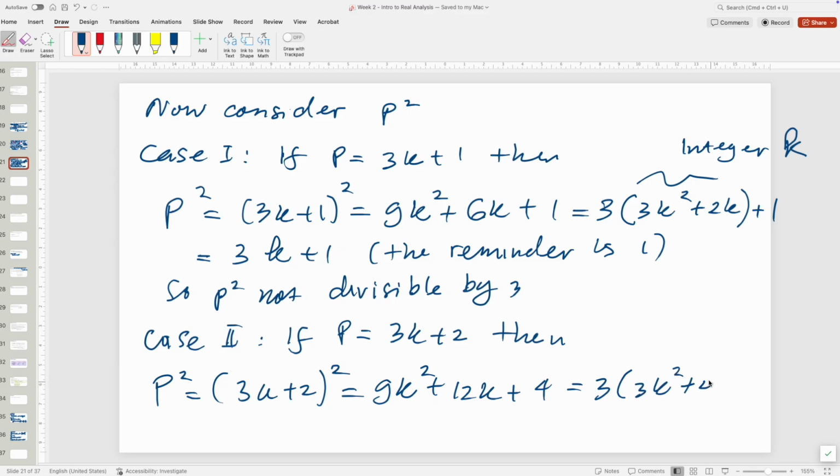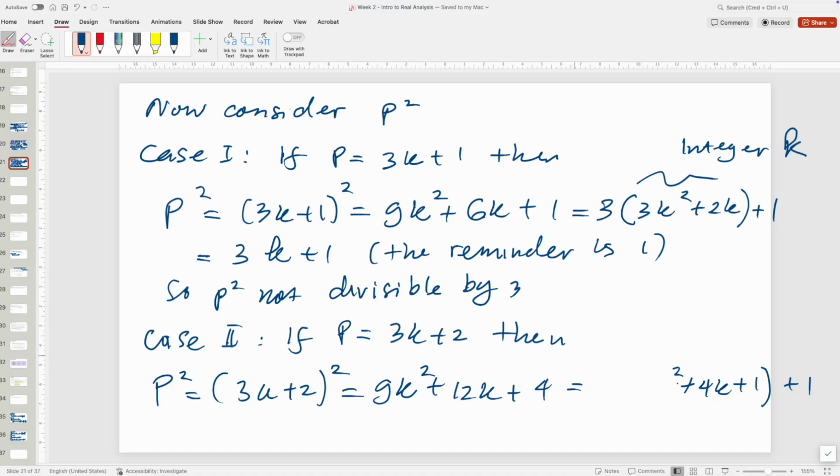3k square plus 4k plus... okay, forget it. This one can be written as plus 3 plus 1, okay? Plus 1, right?